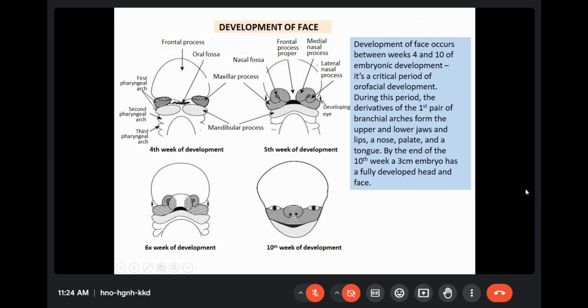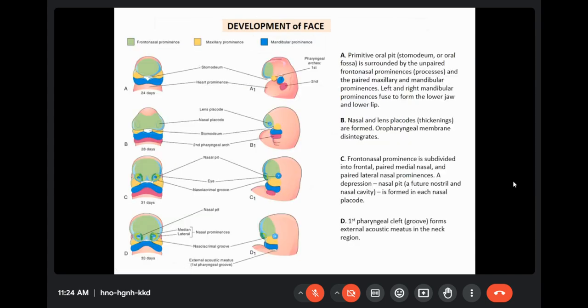We will discuss it in the next slides in more detail. Here we see the stages of the development of the face. The first column of pictures shows the frontal view of the embryo's head and face, and this is the side view of the same embryo's face.